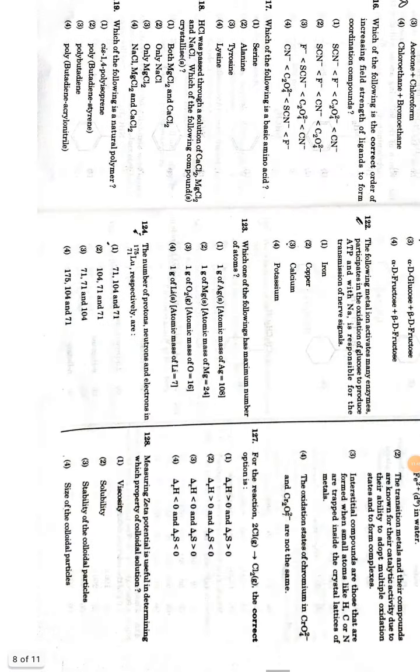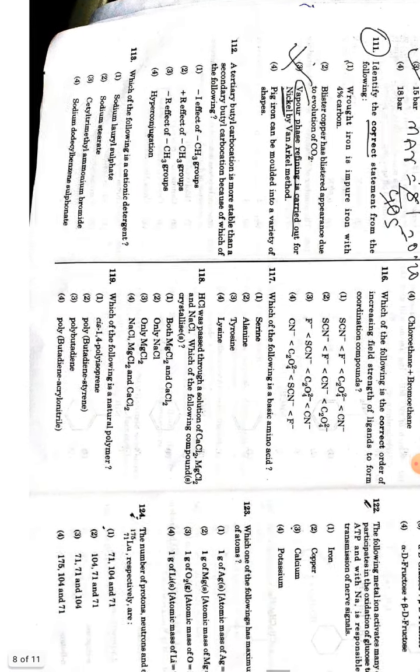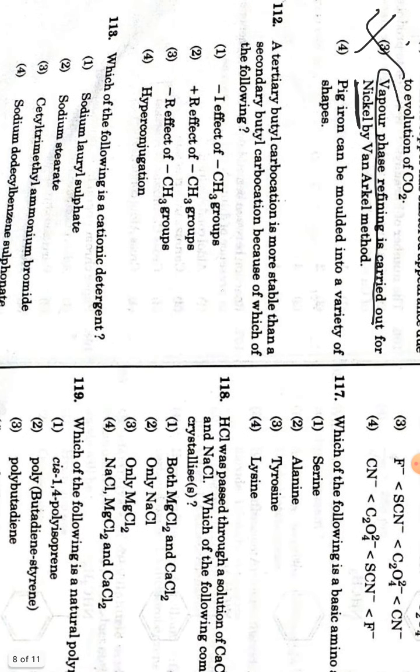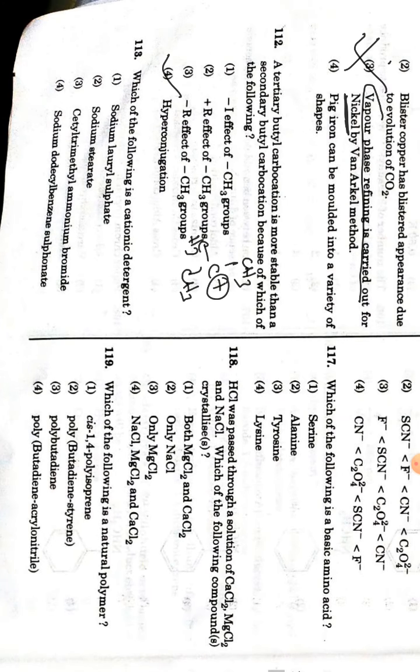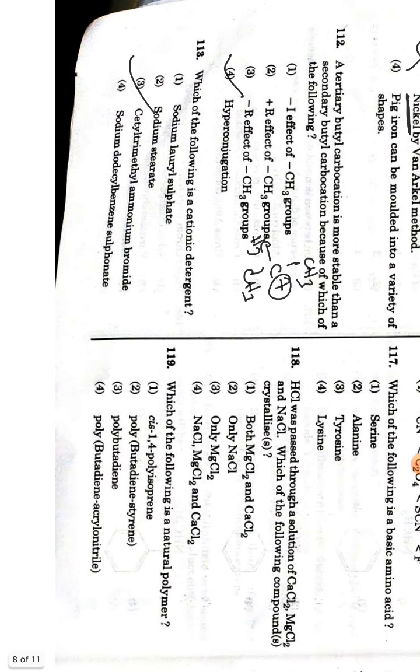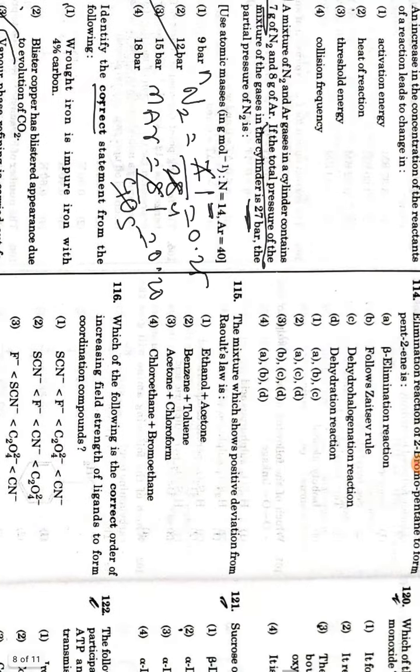Tertiary butyl carbocation is this one, more stable than secondary because of hyperconjugation. Which of the following is a cationic? Cetyl trimethyl ammonium chloride.